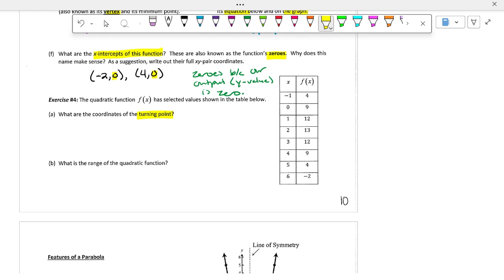So remember, turning point is the vertex. So if I was looking at the table, think about when we looked at the table on your calculator. What kind of clued us in to where our vertex would be? Someone has not talked today. What part of the y? So it has something to do with the y's, but what?